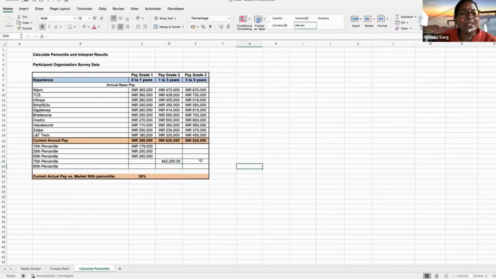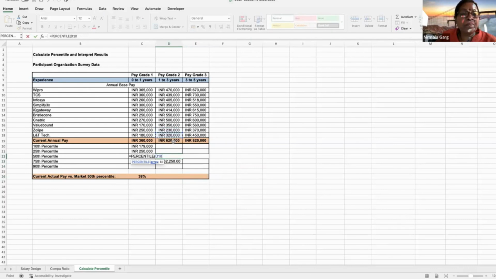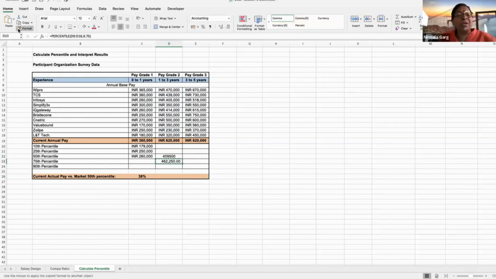Okay. The 50th percentile is how much? .50, correct. So definitely the current annual pay of grade 2, 1 to 2 years, which is 6,20,020, is much higher than even the 90th percentile.